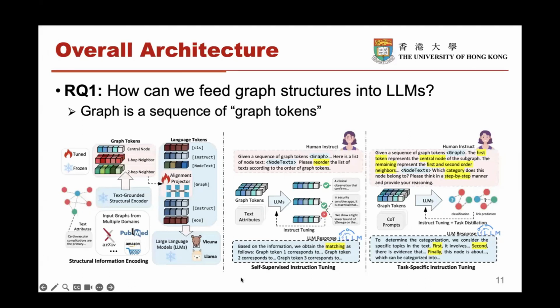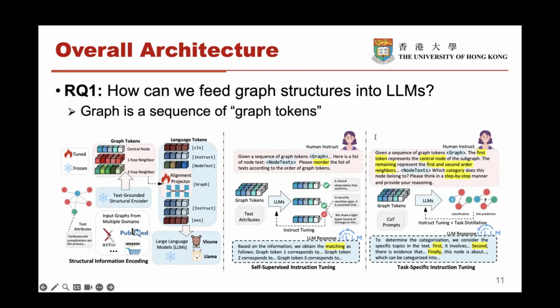For example, if the subgraph you want to input to the LLM has maybe 10 nodes, then the graph tokens of our GraphGPT number 10, based on the number of nodes of the input graph. So if there are 10 nodes in the subgraph, you will have 10 tokens in the language model. Yes, 10 graph tokens, of course.